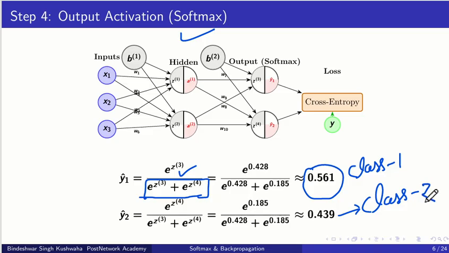If there are 3, the same way we will also calculate y3, and if you add them, it will come to approximately 1.0, so the probability gets divided among the classes. For simplicity, I have taken only 2 classes, but the procedure is the same if you take 3 or 4 or 5.